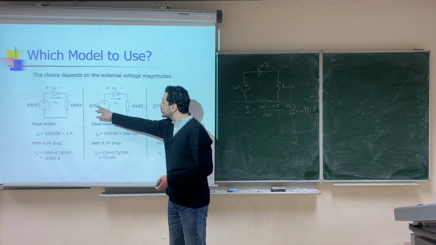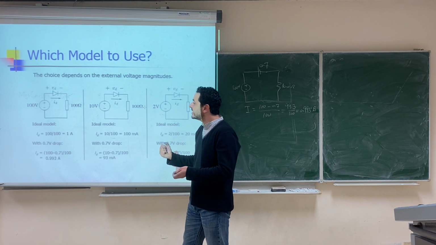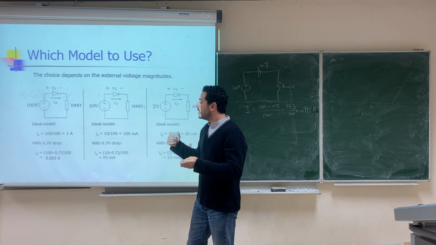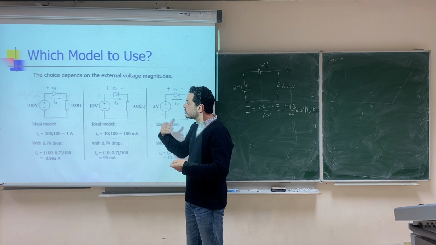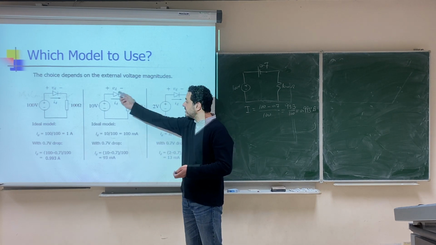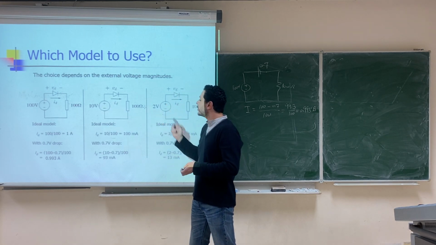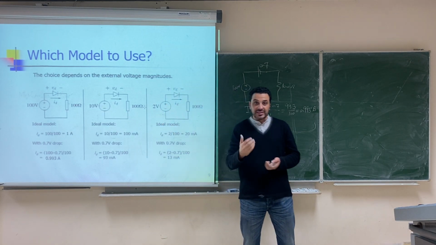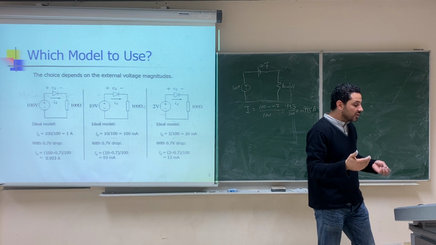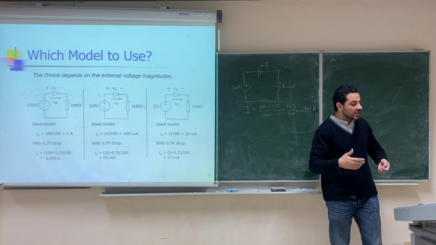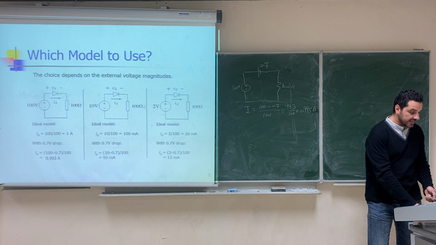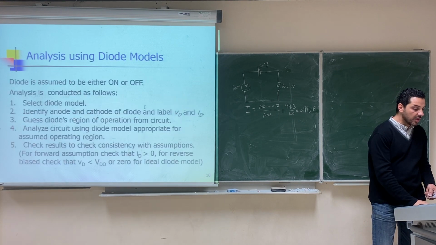But when the voltage source started to decrease a little bit, then you have to be careful. You have to use more accurate models, because the 0.7 of the diode will make a difference, as it will be compared to the 10 volt and the 2 volt. So this is how you choose your model. You should choose your model based on the external circuit and the accuracy that you want.